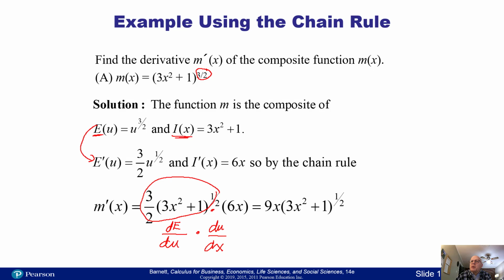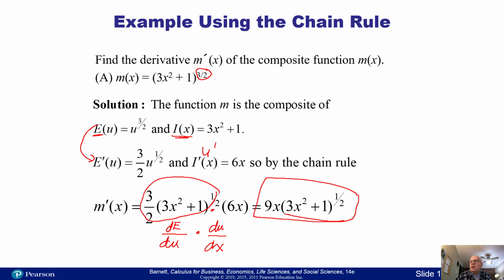Remember, this is u, and this is u prime. So we put those together, bring that 6x out front, you get 9x, and you still have this part. And there's your derivative.